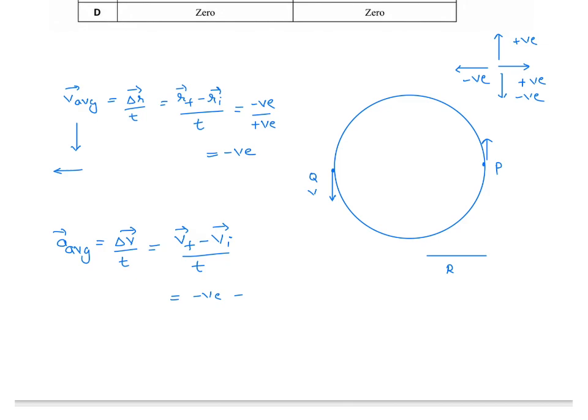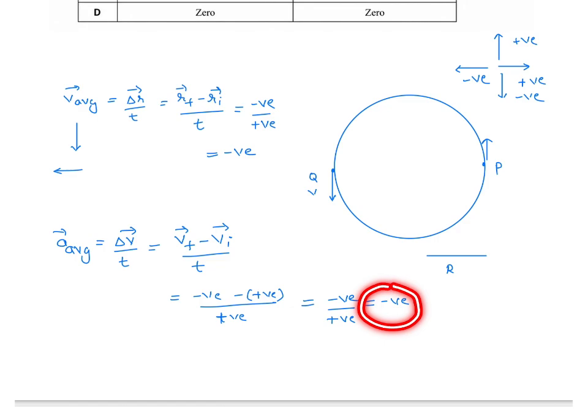minus initial velocity. Initially, the particle was moving in upward direction. So as per our sign convention, it has to be taken positive, upon time taken, which of course will be positive. So negative minus this is negative into positive, it again comes out to be negative. So overall, it will be negative upon positive, which again comes out to be negative, right?